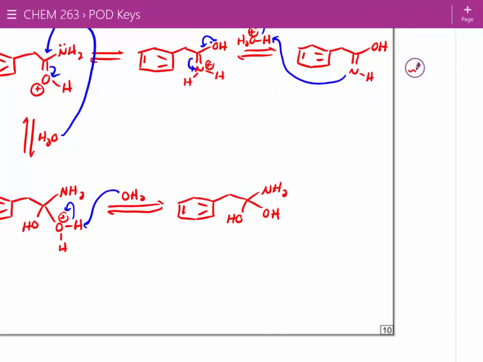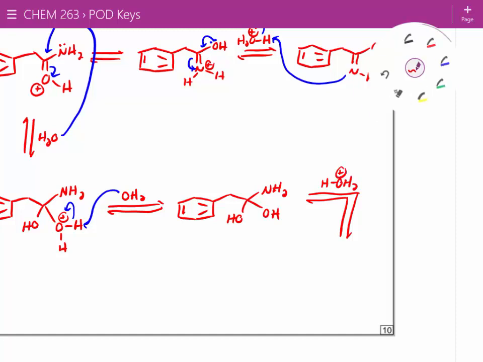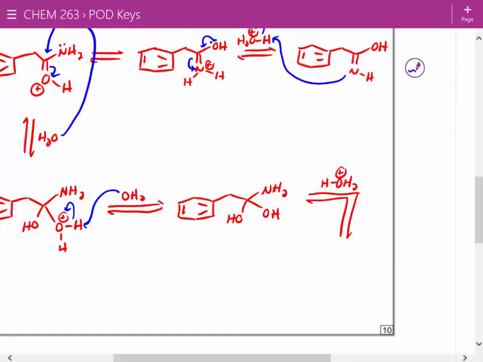All right, and we're almost there. This is a pretty steppy reaction. Now we've got hydronium around. This can give a proton to the amine.